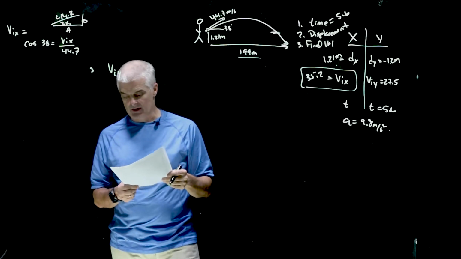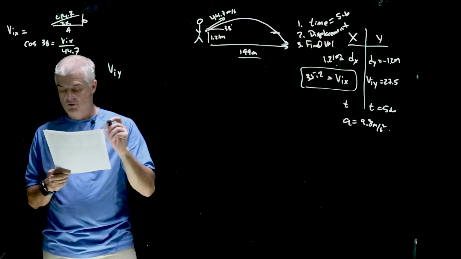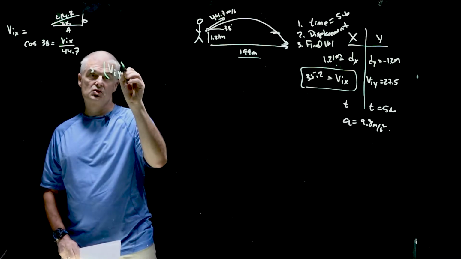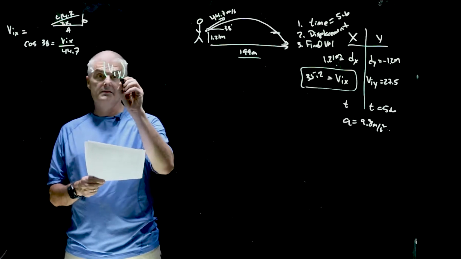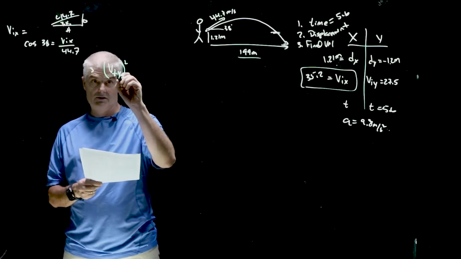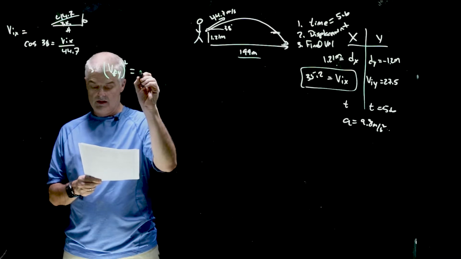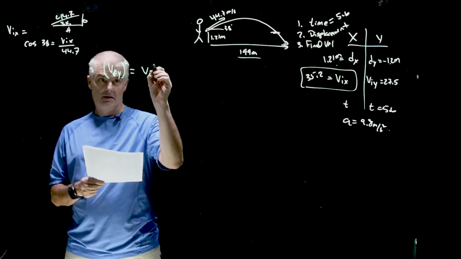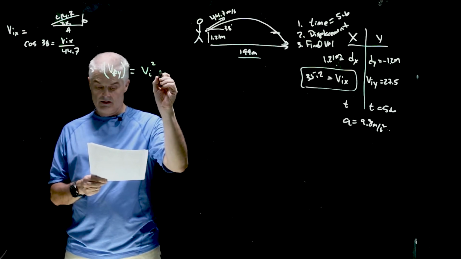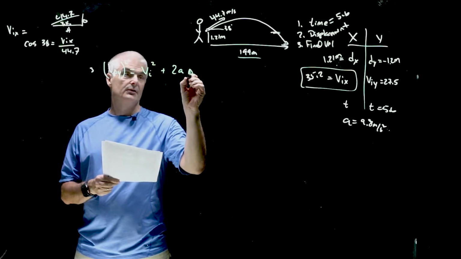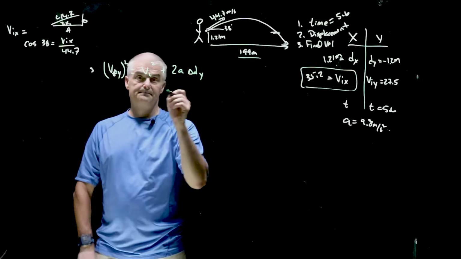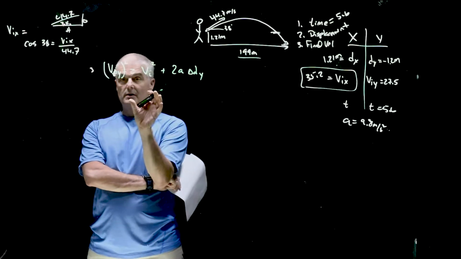Now, a shortcut is we can use this equation, if you recall, from the equation sheet. V final y squared equals V initial y squared plus 2a delta y.